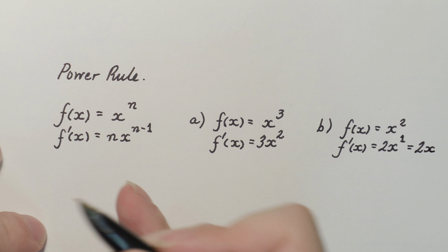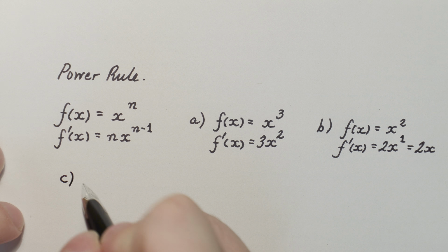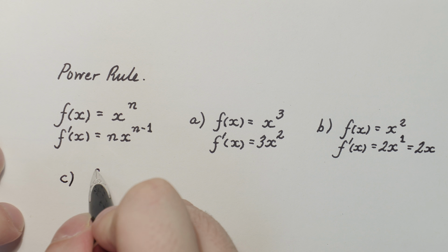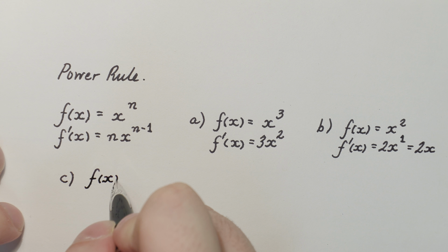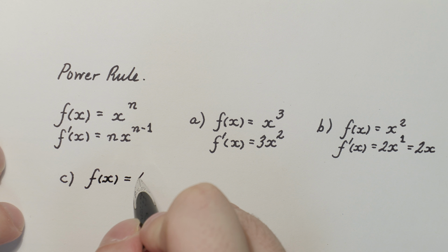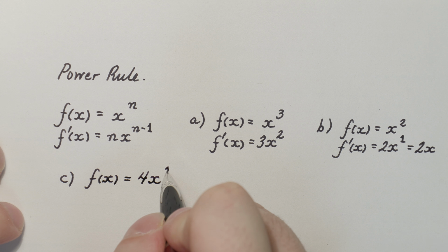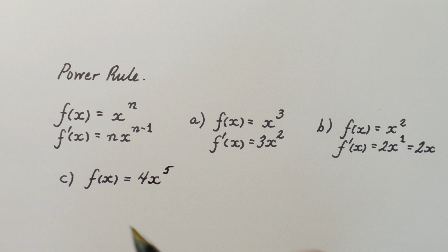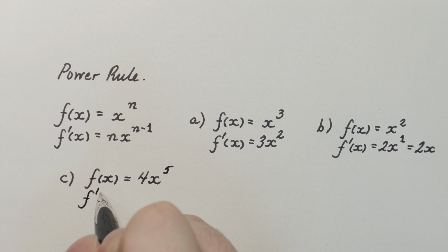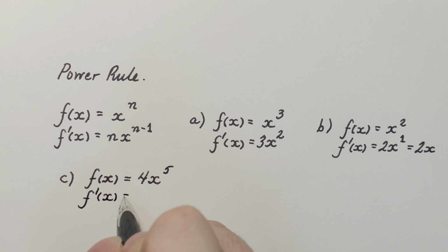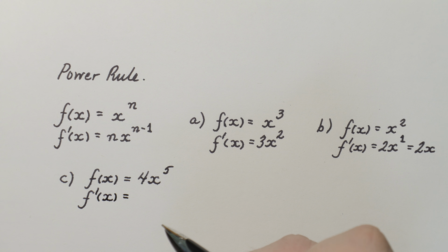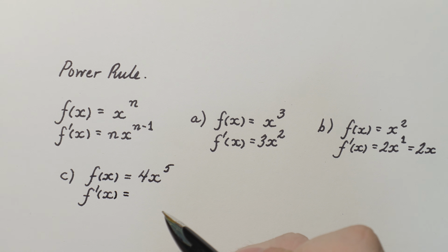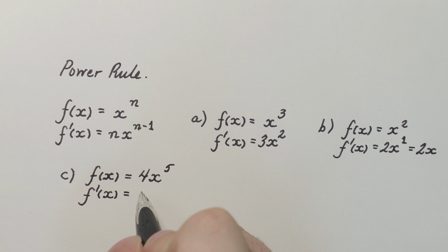Now, what happens if we have another constant in front of it? Let's say I have this function, f of x equals 4x to the 5. Well, what we do, and this is a special case of the power rule, also known in class as the constant multiple rule, we leave that constant alone and then take the derivative of this.